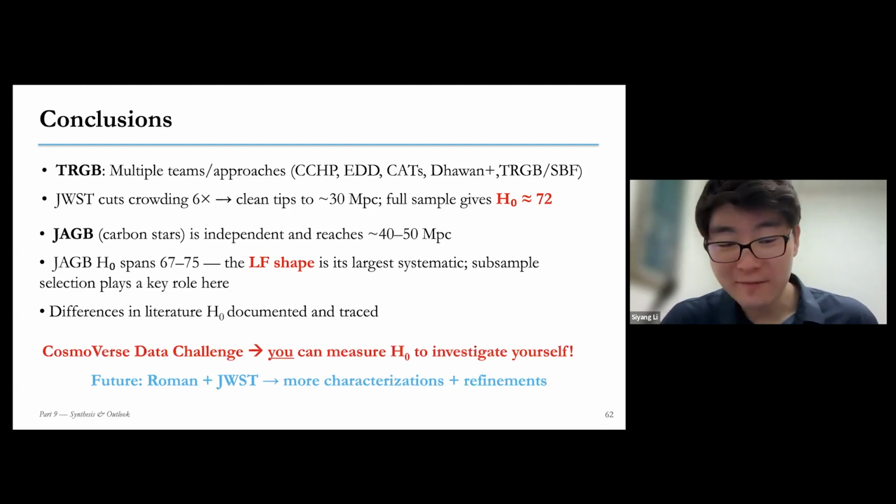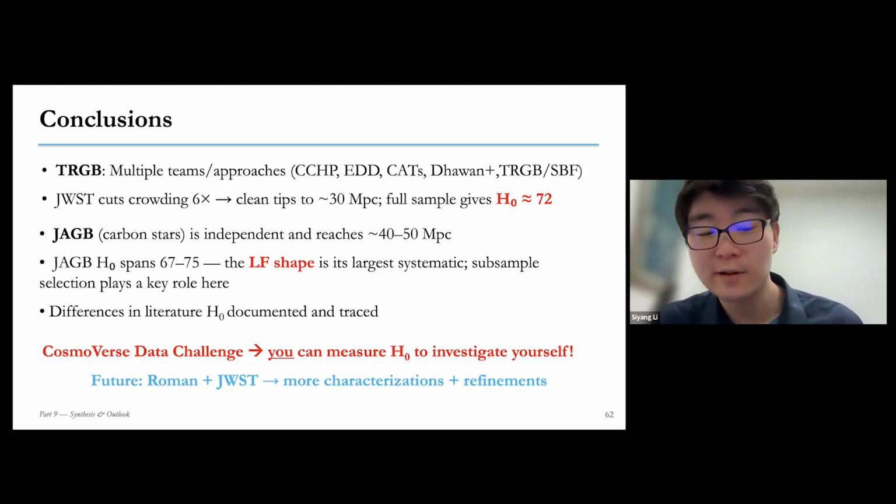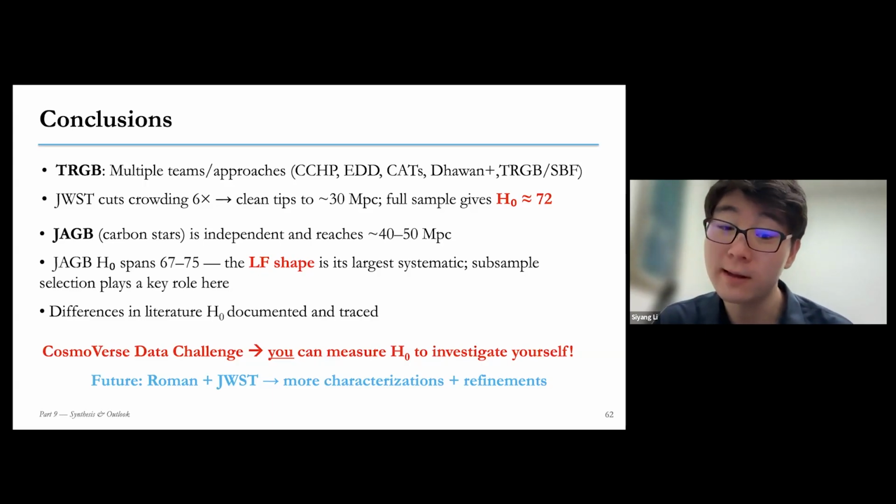And of course, I do want to emphasize too that I think there's a lot of effort now to make these measurements and these data sets very public and involve the community. So there's this distance network effort that I mentioned. You can read more about that in Stefano Casertano's paper. But there's also this Cosmoverse data challenge that we recently released.